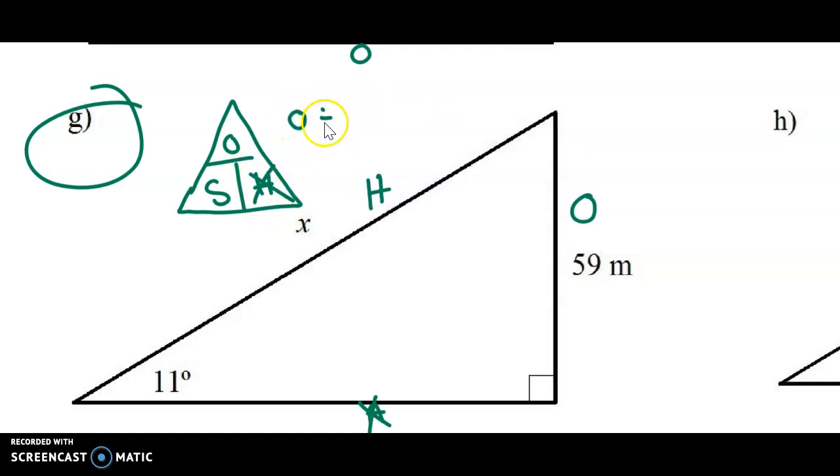So O divided by sine of 11, and O is 59. So 59 divided by sine of 11, and that gives us 309.2 meters. Okay, so there you go. That is how you find a missing side on a triangle.